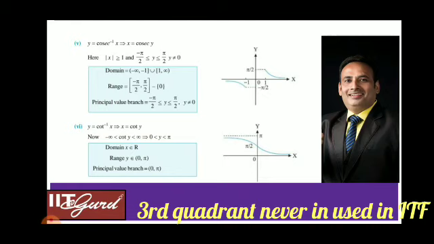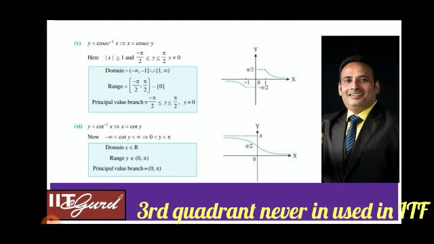And the rest of the three functions, cos inverse x, sec inverse x and cot inverse x, if you see the graph here, it is always above the x-axis. These angles share the first and second quadrant, because their ranges are from 0 to pi.